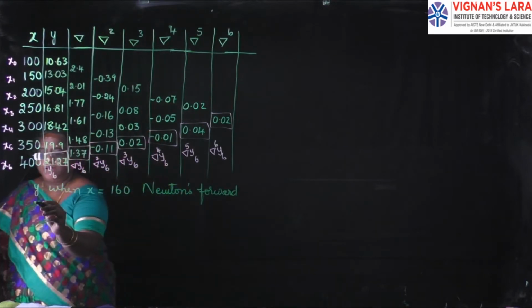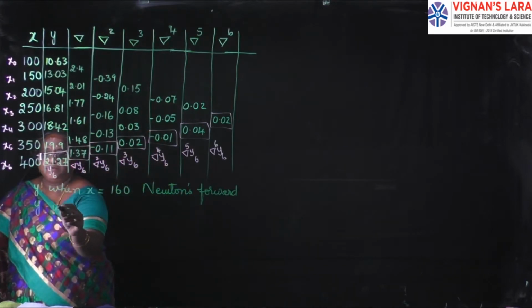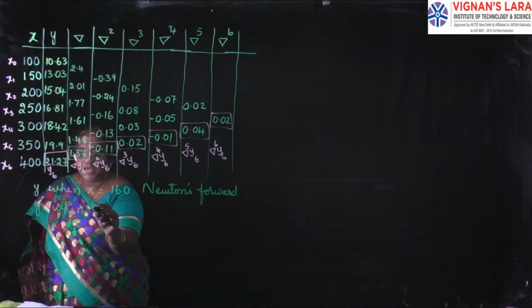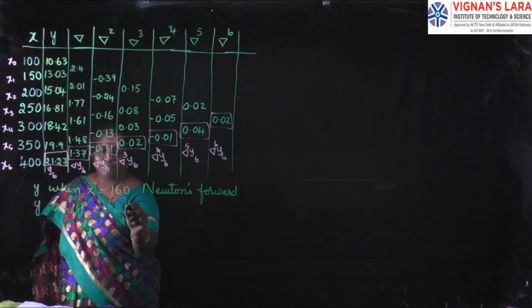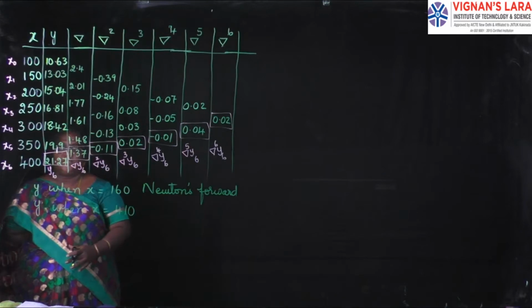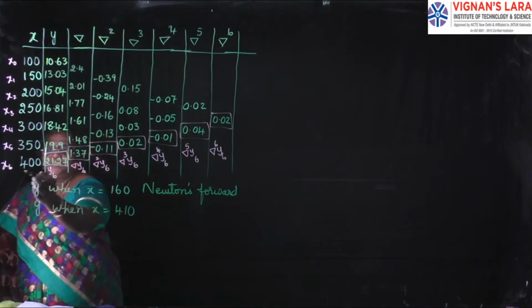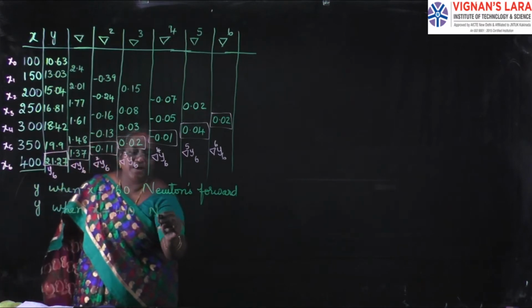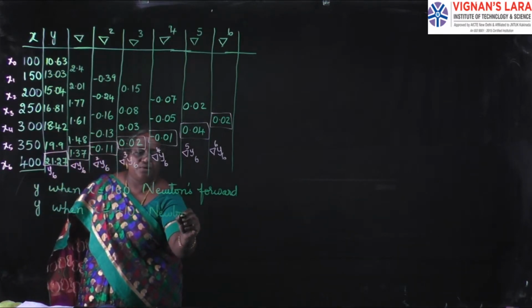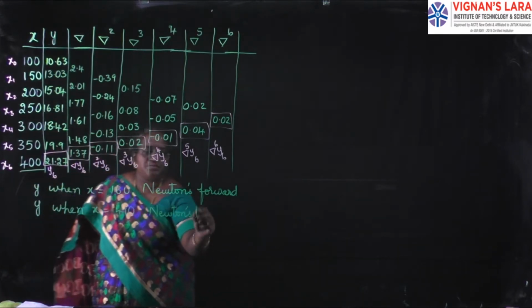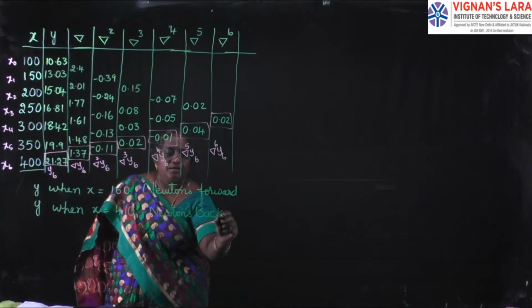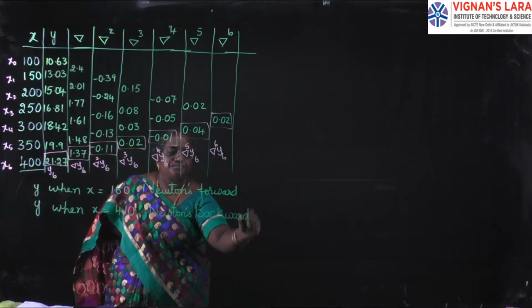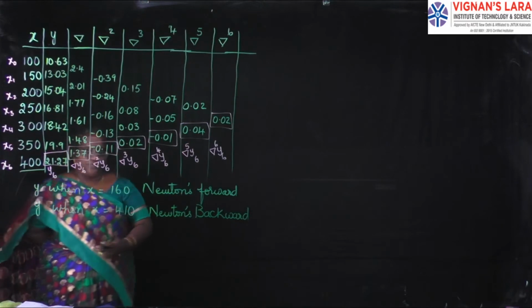Now we have to find the value of y when x is equal to 410. So where is 410 in the difference table? It is at the bottom of the table. So we use here Newton's backward interpolation formula. So now what is the formula here?